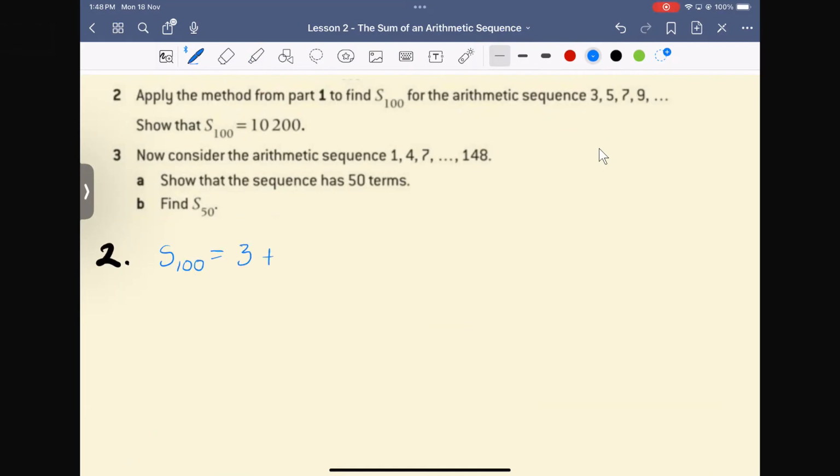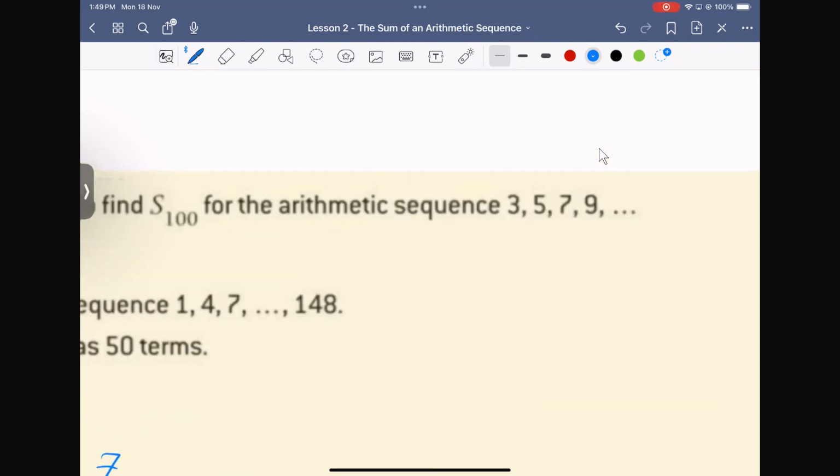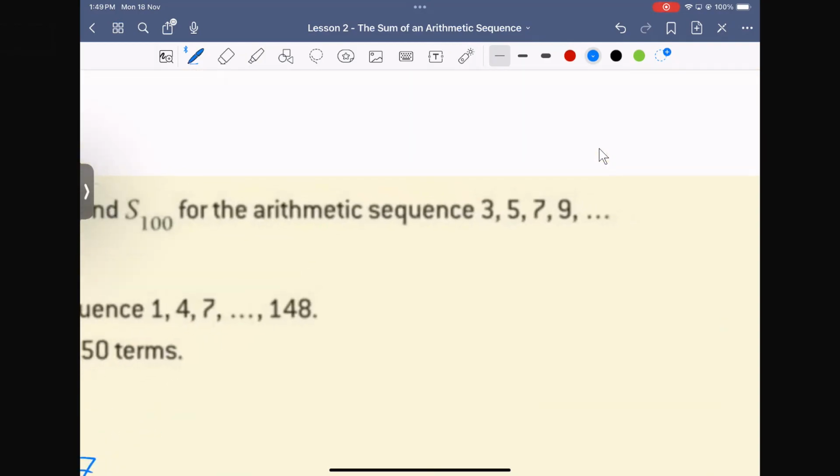And then we want to add 5, we want to add 7. Now, for this sequence, we need to find out what the 100th term is. In order to do that, we need to figure out what the common difference is. What is the common difference? Plus 2. So what would the formula for Un be?